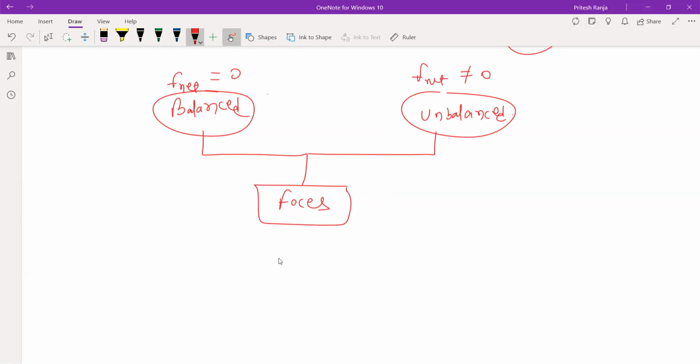So we also have other types of forces depending on the contact between the surface. तो पहले मैं लिख देता हूं, then it will be more sensible to talk about the types of forces. तो एक तो हुए contact force and दूसरा हुआ non contact force.